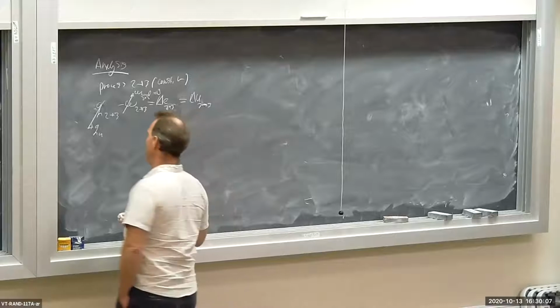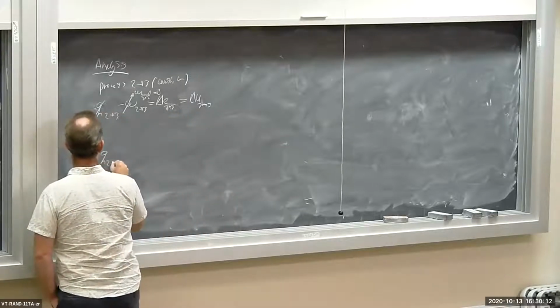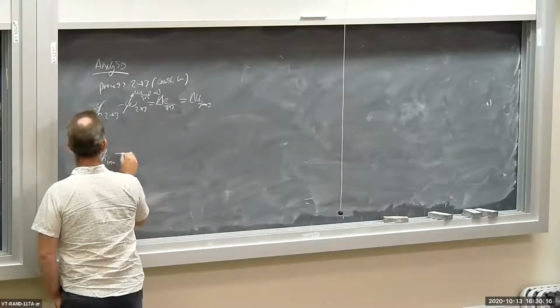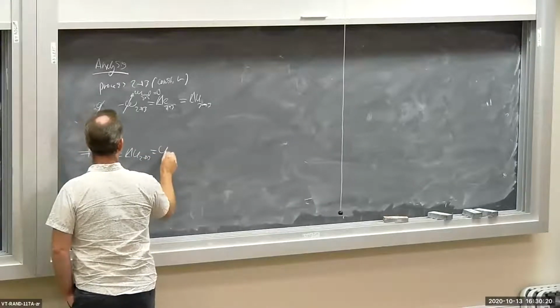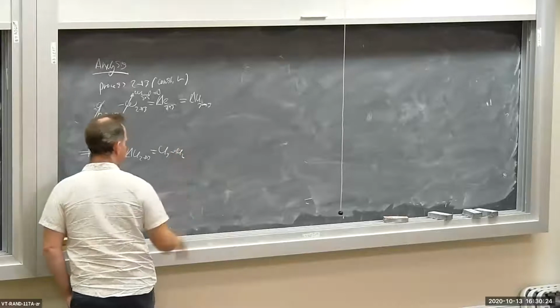So we have a simple result: Q 2 to 3, or if you like Q_in, is equal to delta U from 2 to 3, or U3 minus U2.